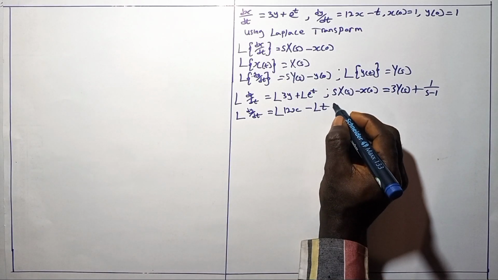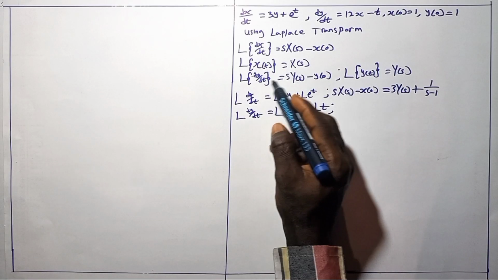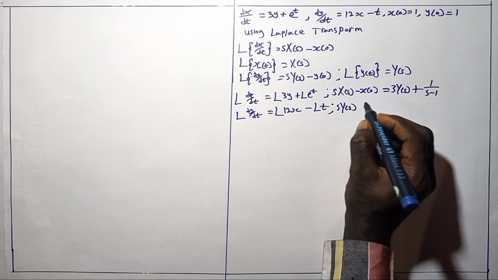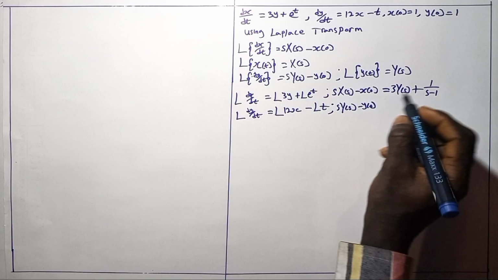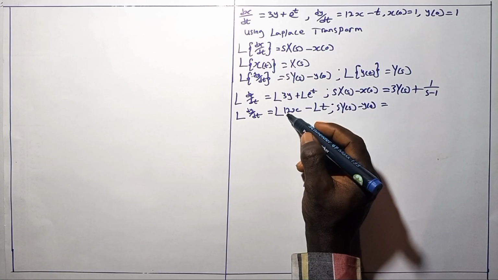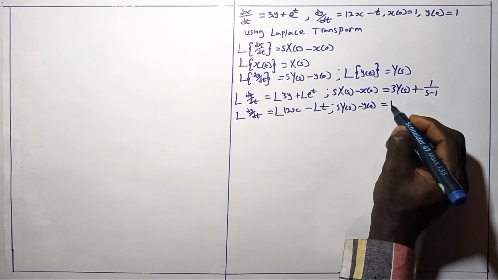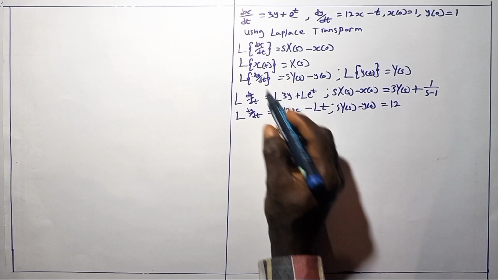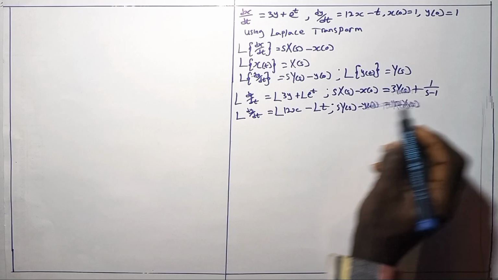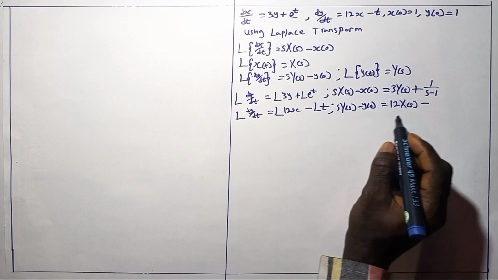Now for the second equation, Laplace of dy/dt is going to give us sY(s) minus y(0), which equals the Laplace of 12x. 12 is a constant, so bring it outside of the Laplace. Then Laplace of x(t) is X(s). Then minus Laplace of t.